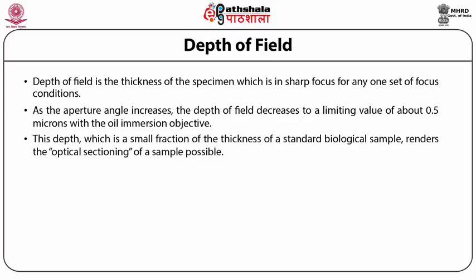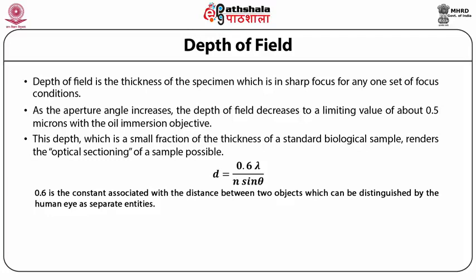This depth, which is a small fraction of the thickness of a standard biological sample, renders the optical sectioning of a sample possible. D is equal to 0.6 multiplied by lambda divided by n sine theta. 0.6 is the constant associated with the distance between two objects which can be distinguished by the human eye as separate entities.